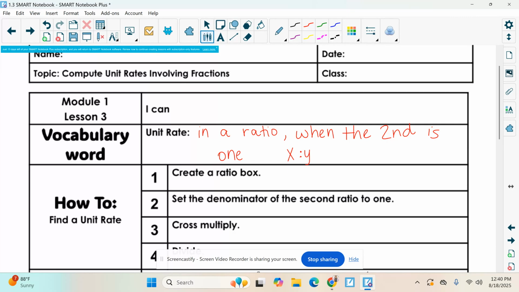When you're comparing those two things, you're comparing it X to 1. So if I'm comparing waffles to pancakes, I'm asking myself, how many waffles to 1 pancake? If I'm comparing cats to dogs, how many cats when there's 1 dog? This is what a unit rate is. Okay?